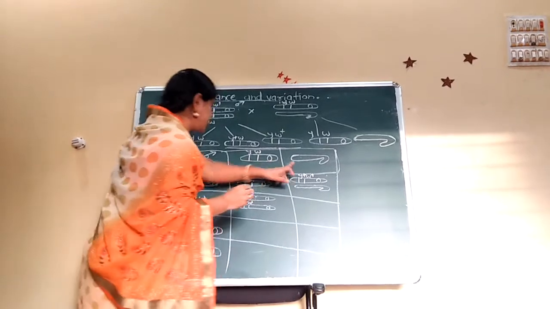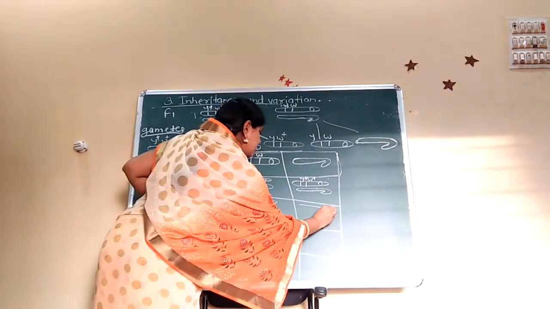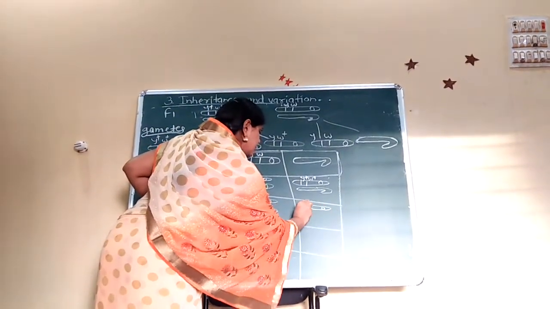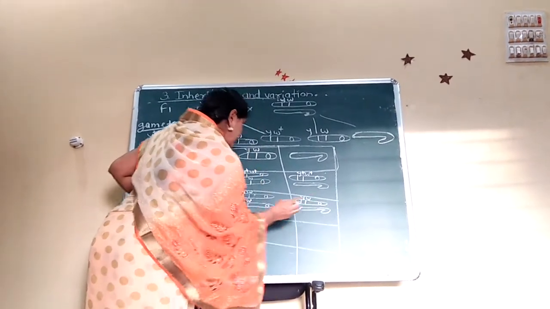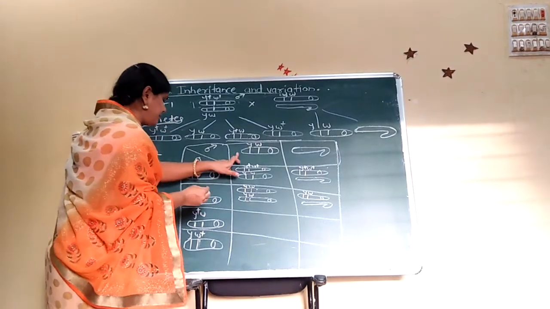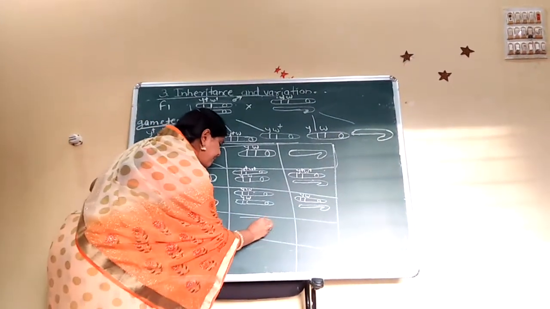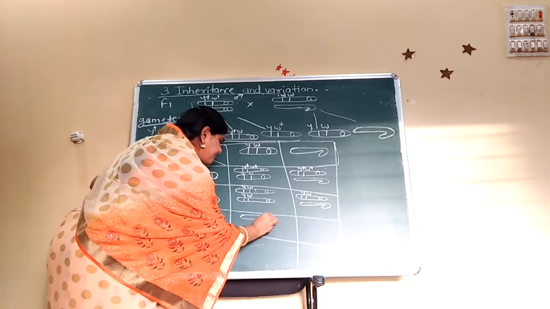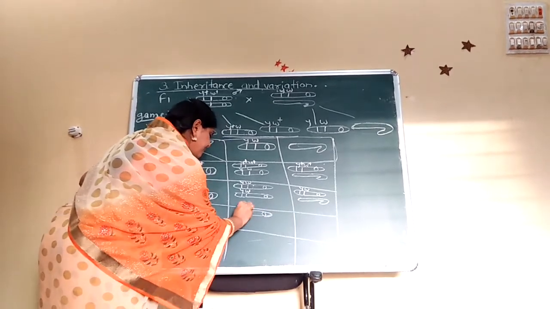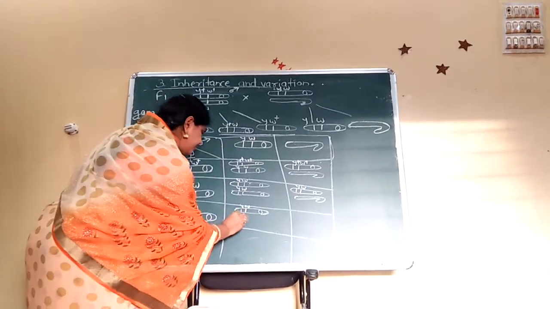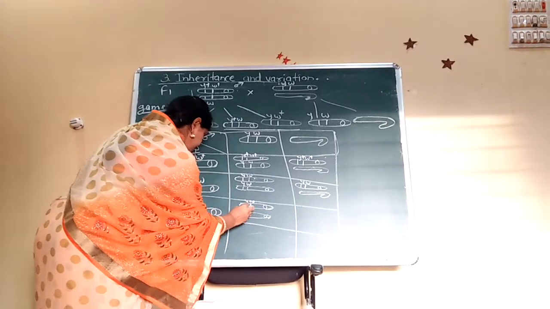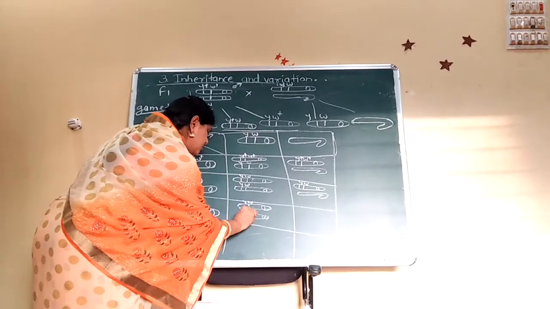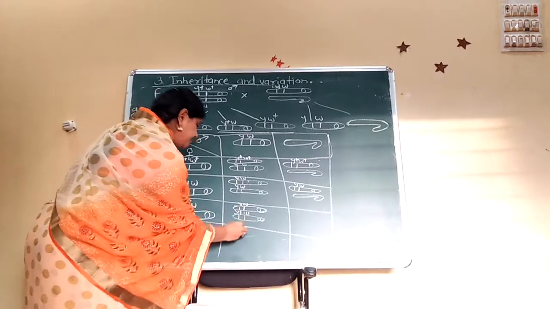When this gamete fused with this, YW and Y chromosomes here. Then this gamete fused with this, one Y plus only W here.